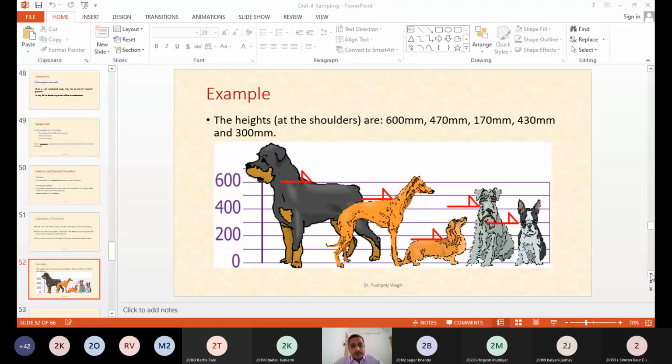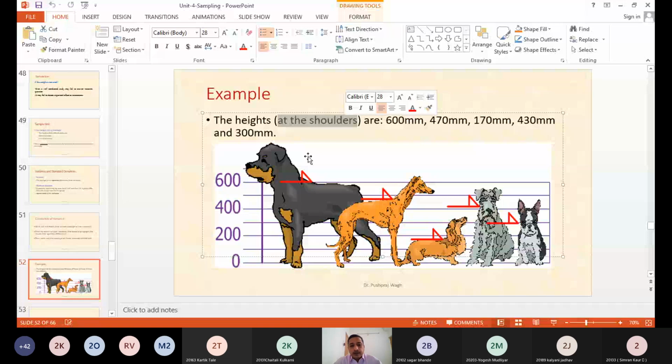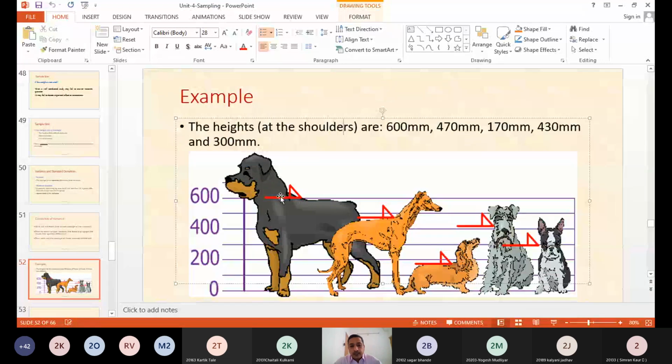In this picture, you will see different breeds of dogs having different heights. Here we have the heights measured at the shoulder of each dog. In this diagram, the red arrows show the height of each dog. For the first dog this is the height, for the second dog this is the height, for the third this is the height.